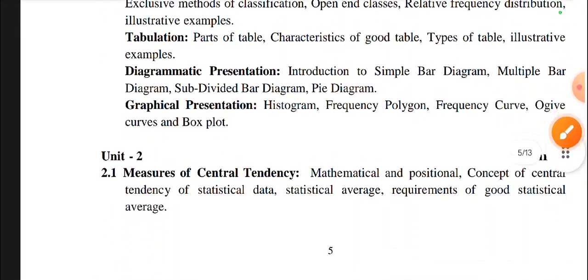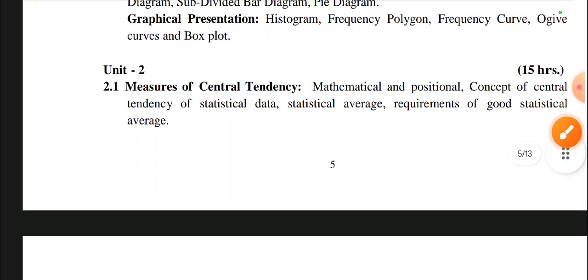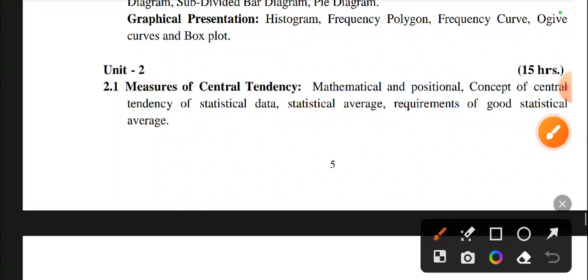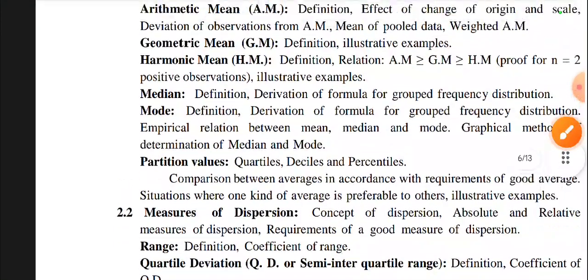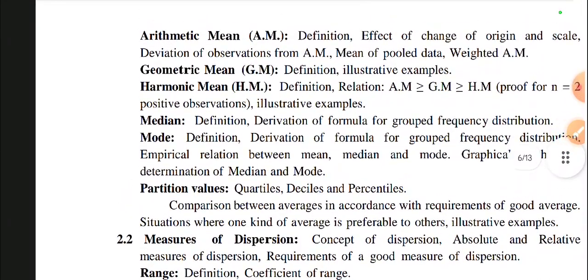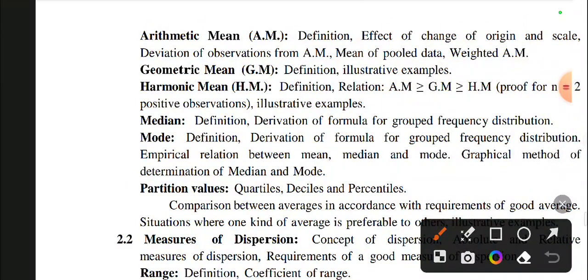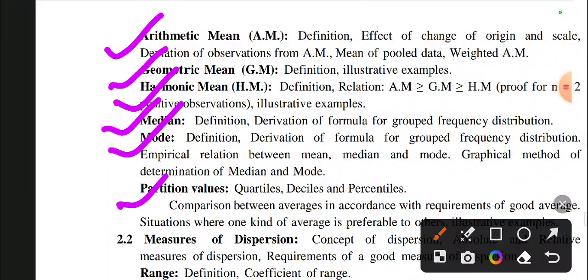Unit 2 again consists of subunits. The first subunit is measures of central tendency, where we need to discuss arithmetic mean, geometric mean, harmonic mean, median, mode, and partition values.